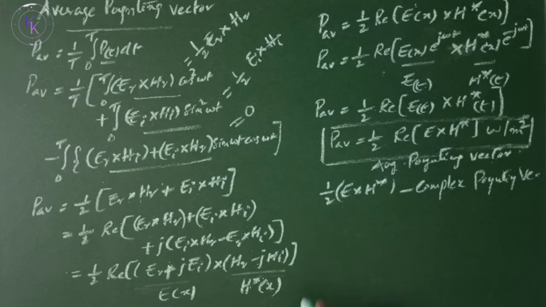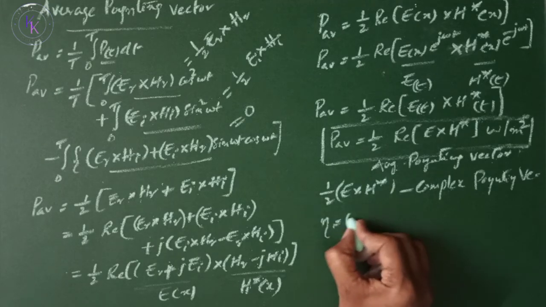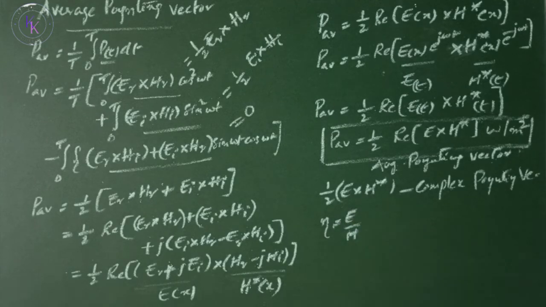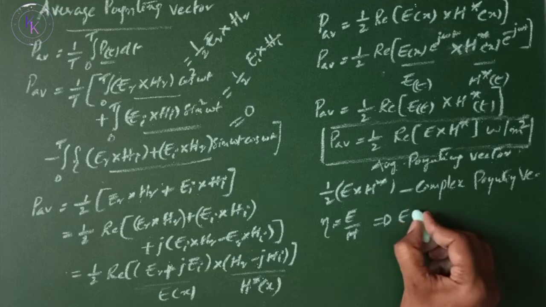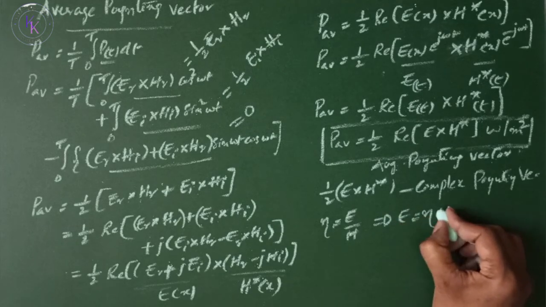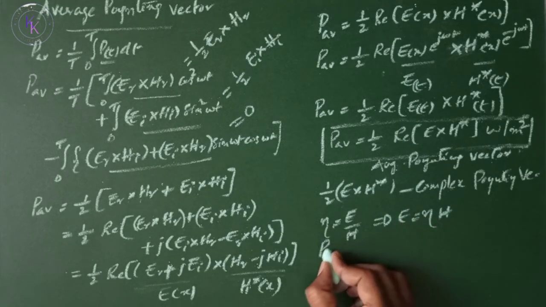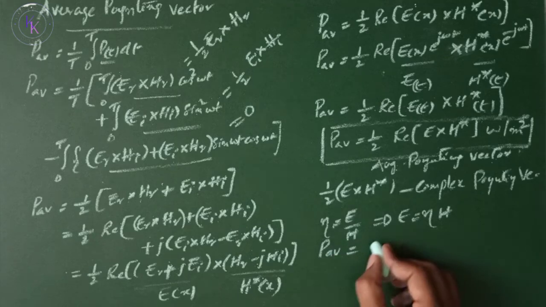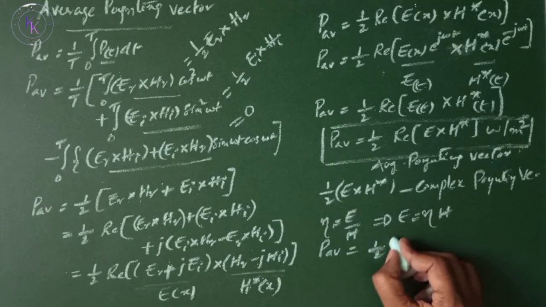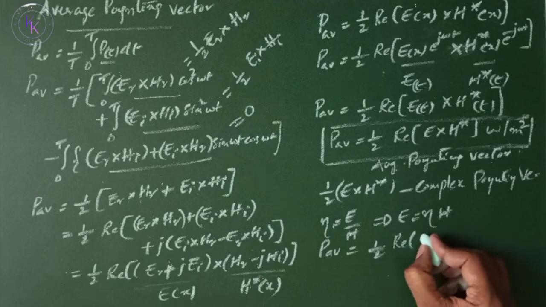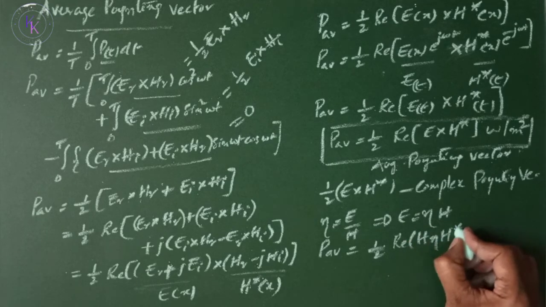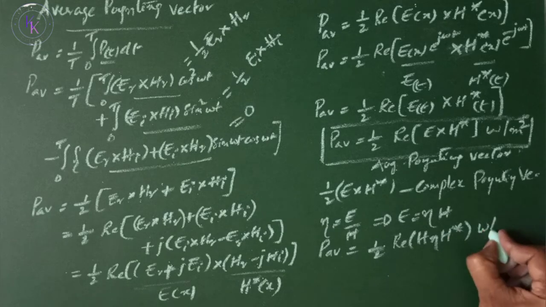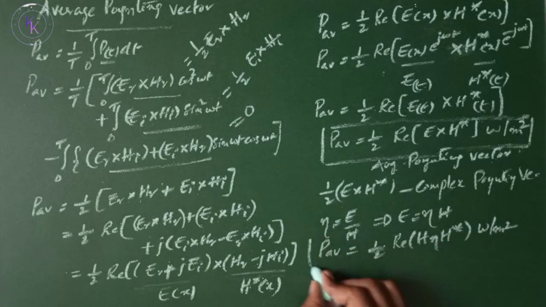The intrinsic impedance eta equals E by H. It is a complex quantity. Then from this, E equals eta H. If you substitute that, P average equals half the real part of H eta H conjugate, in watts per meter square.